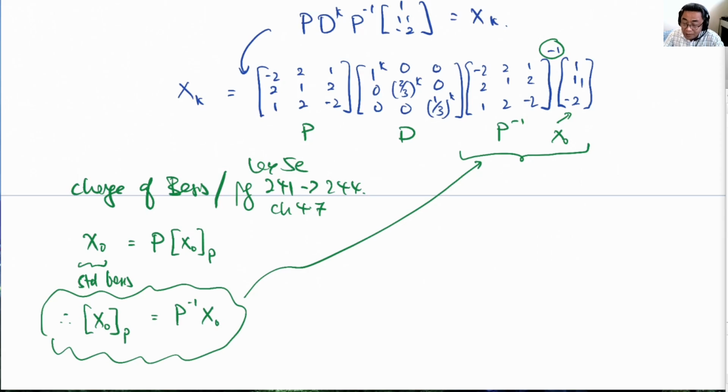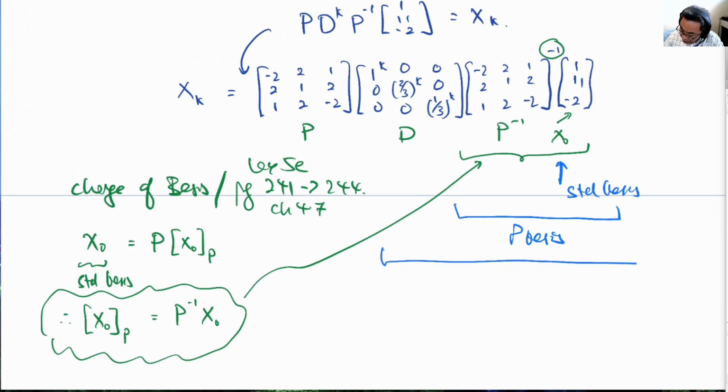So many things are happening here. When we did the problem in this way, let me repeat, we first change the standard basis to the P basis.